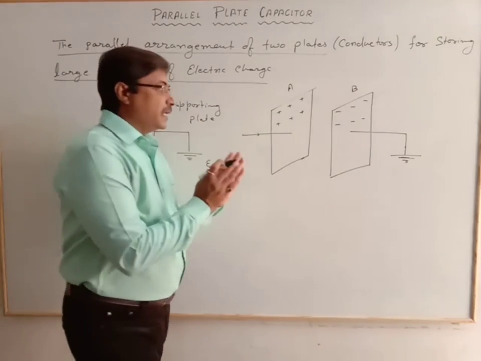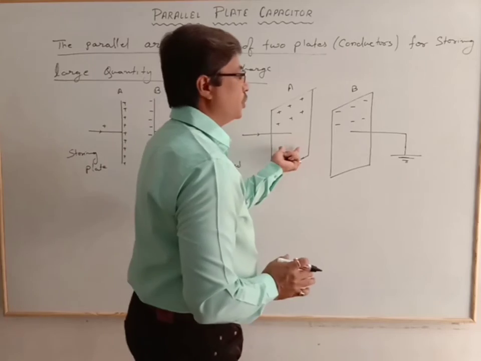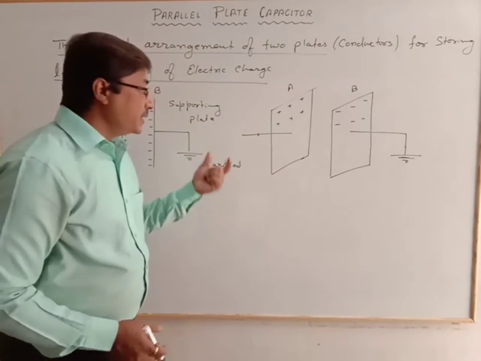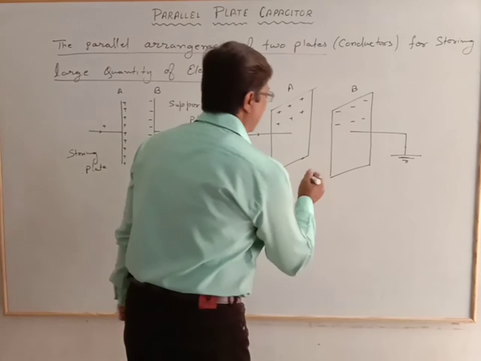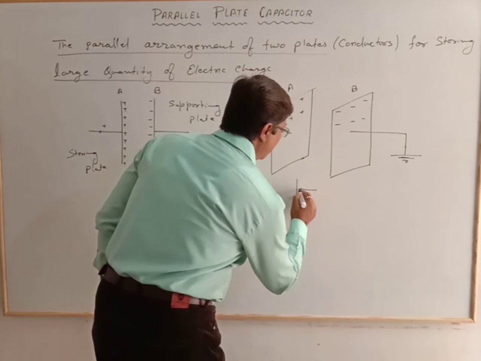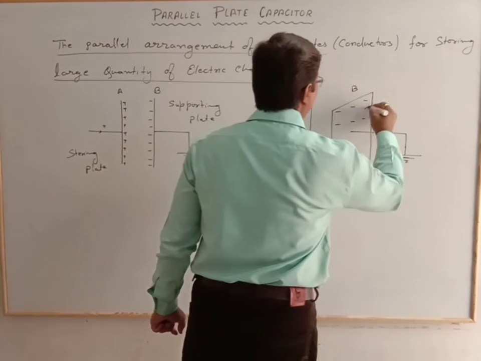So the parallel arrangement of two plates, and the purpose is what? That is to store a large amount of charge. Now this arrangement is of which condition? The distance between these two plates is much less than the area of the plate.